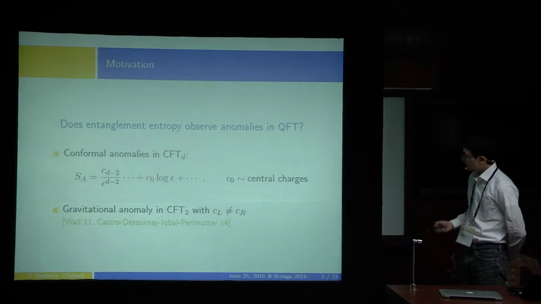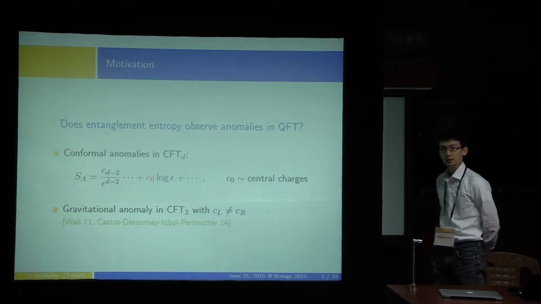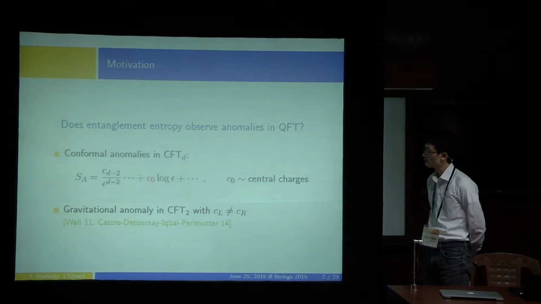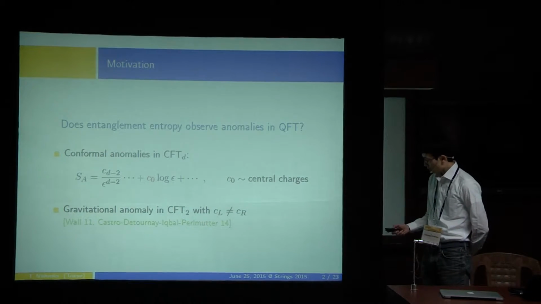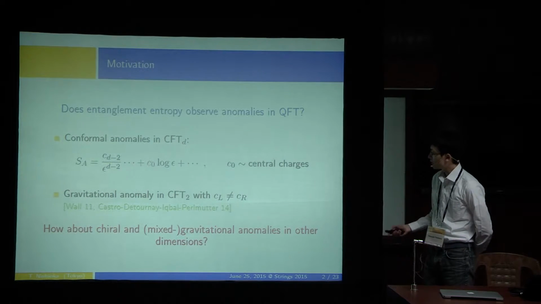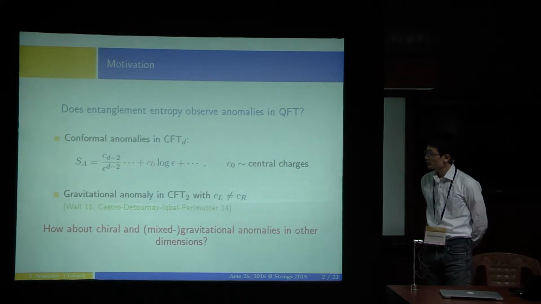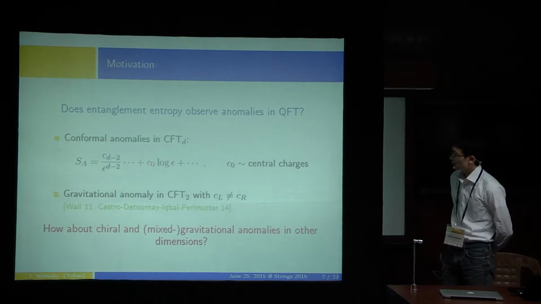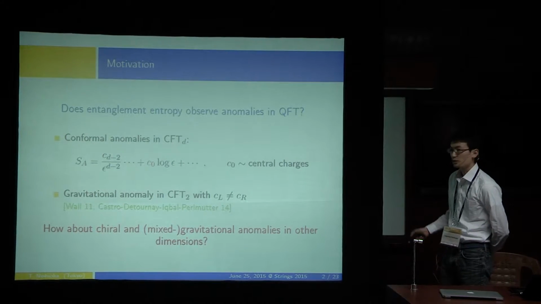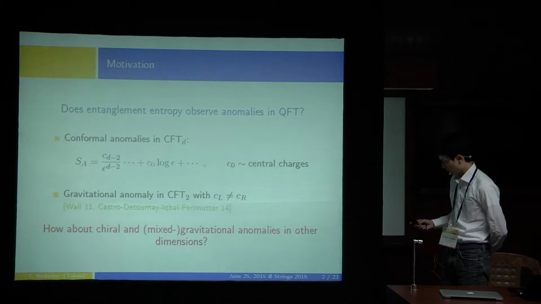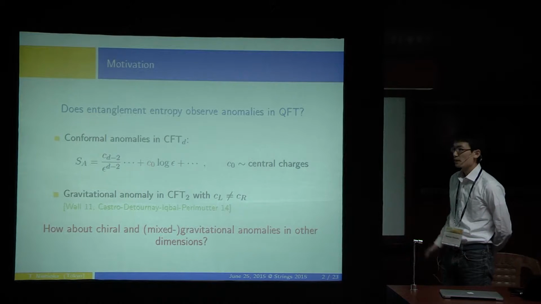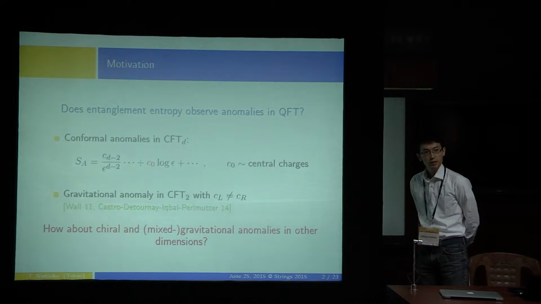But there are other anomalies like chiral anomalies or mixed gravitational anomalies. So how do they appear in entanglement entropy, and also in higher dimensions? We know that there are many mixed gravitational anomalies. So this is my question, and I'd like to address a part of this question in my talk.